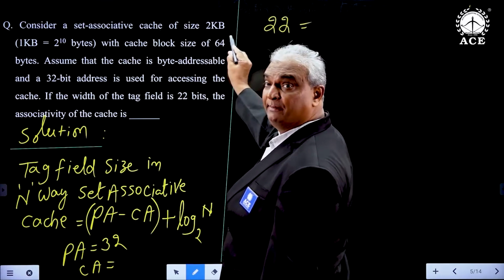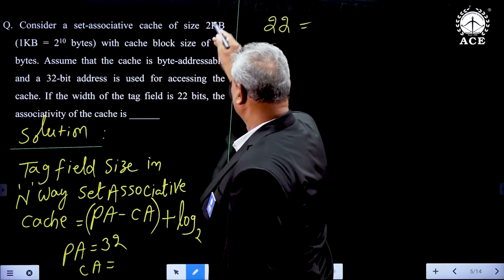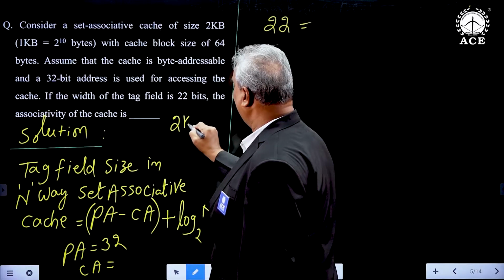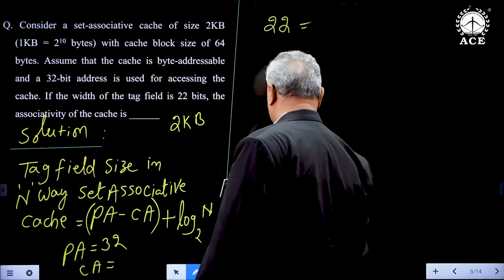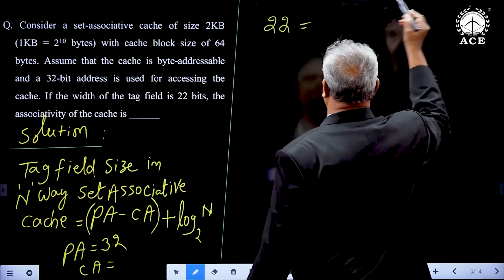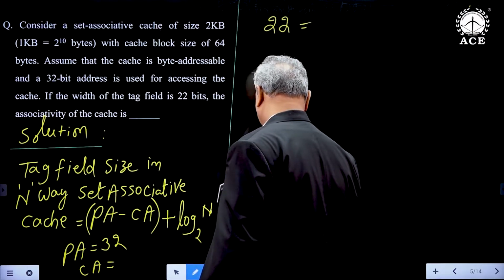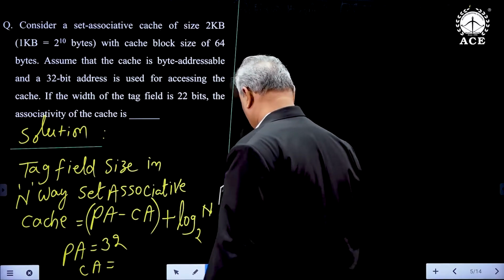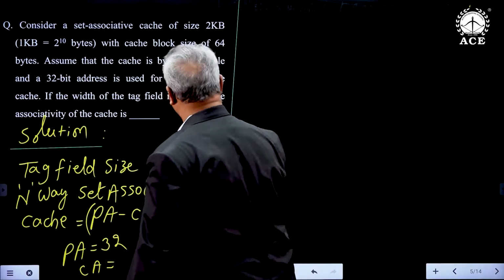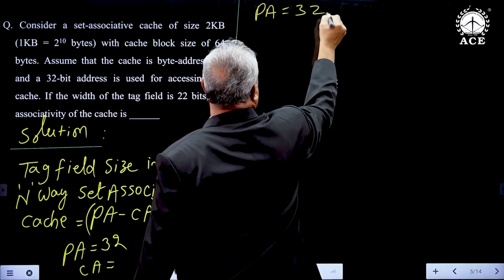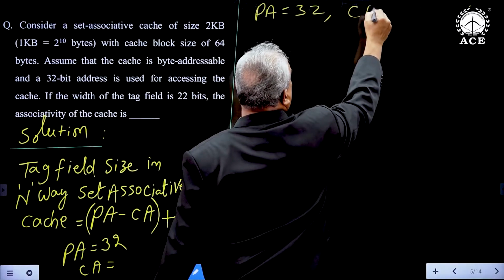Cache size is 2 KB. Observe once. What about PA size? PA size is 32 bits. What is CA?